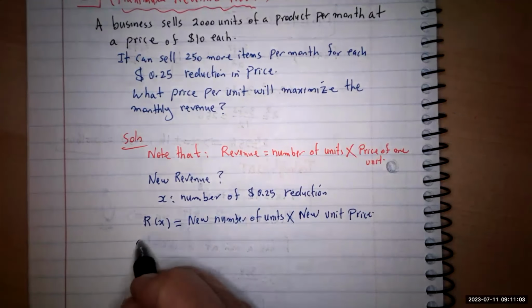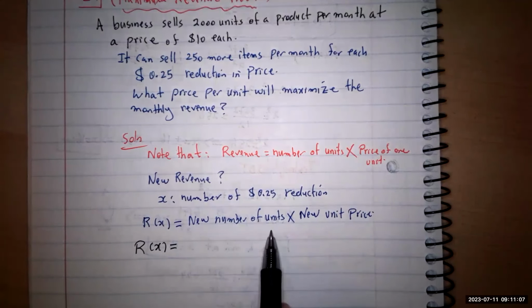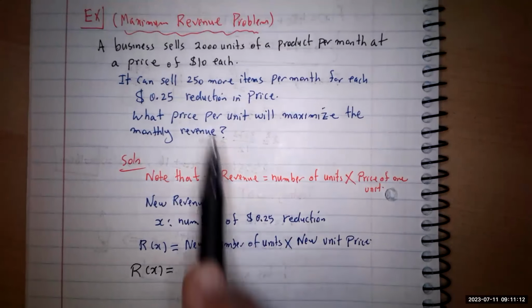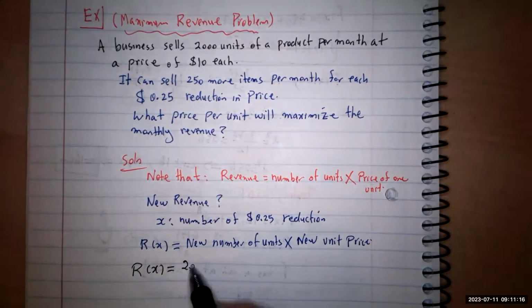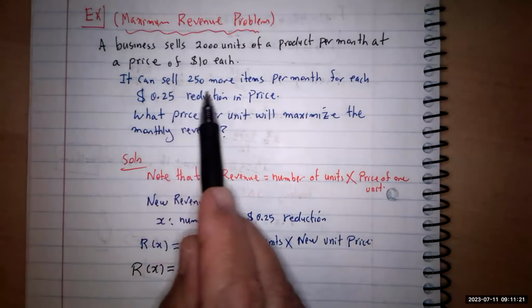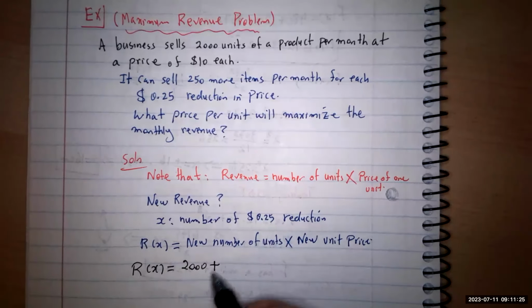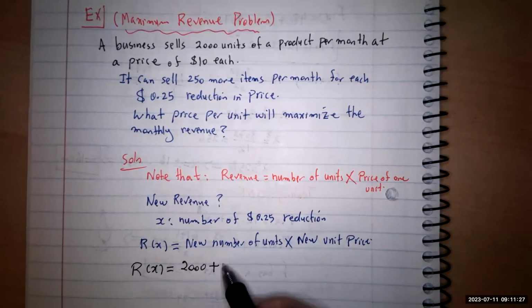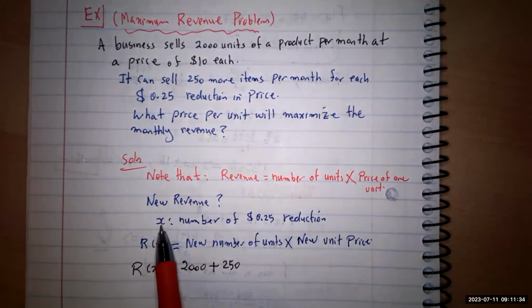Now, what's going to be our function? New number of units. Previously, the number that you sell is 2,000. What would happen now? You're going to get more customers. How many more? 250. But how many times? x.